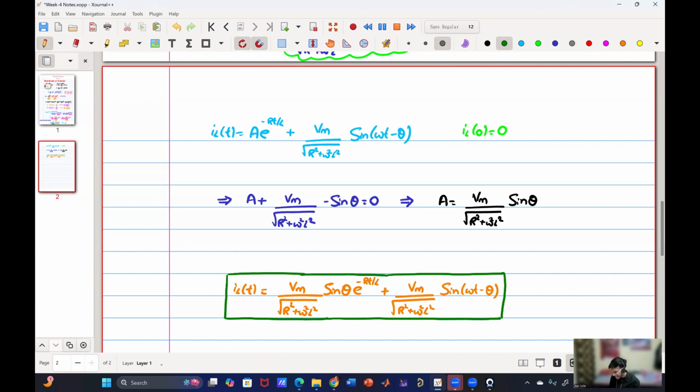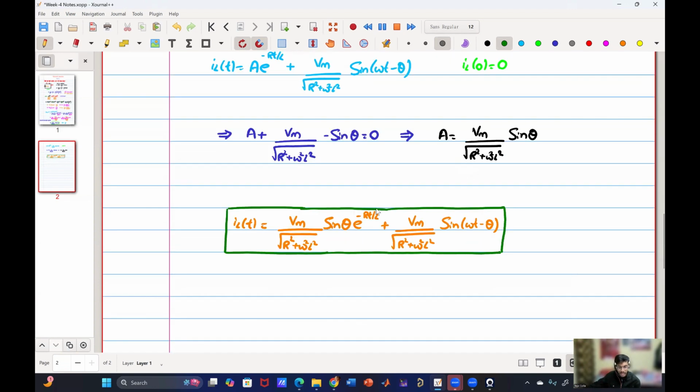So now it has transient and steady state, which means this term will decay with time. At t equals infinity, this term will vanish. Whenever we say steady state, we consider t equal to infinity, or when the values have settled.